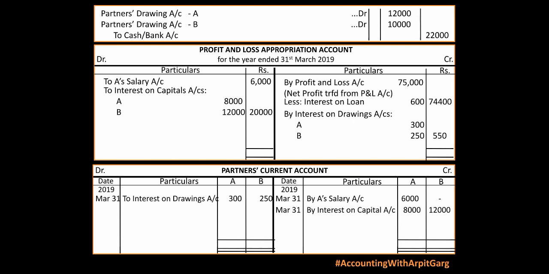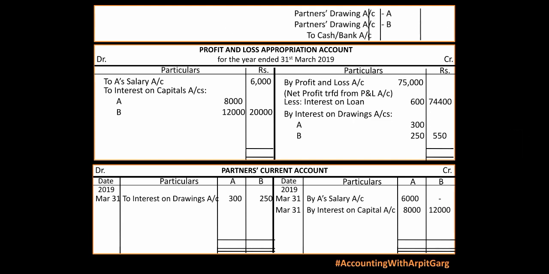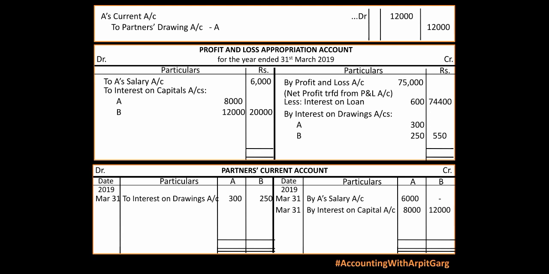Then this will be posted to partners current account on the debit side. But before posting, we will reduce their current account by passing one more entry, that is A's current account debit to partners drawing account A 12,000.